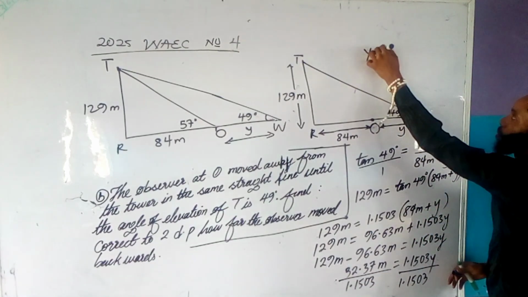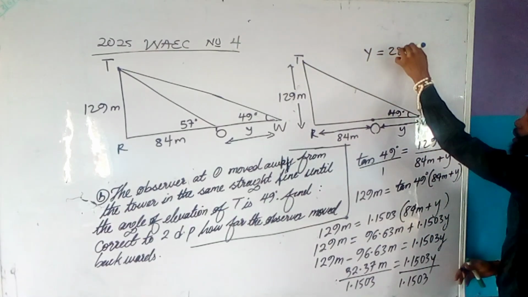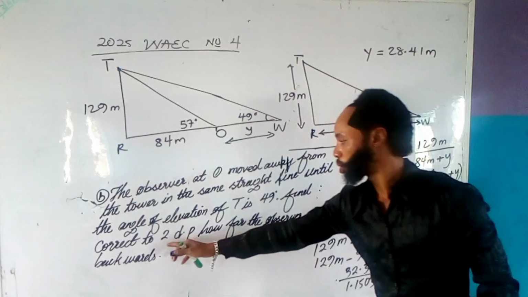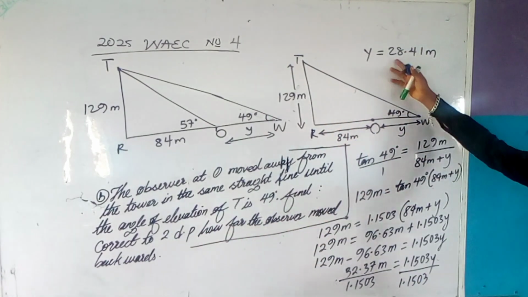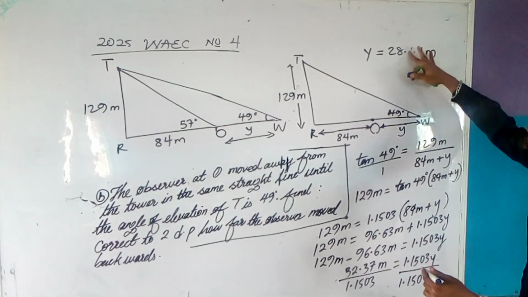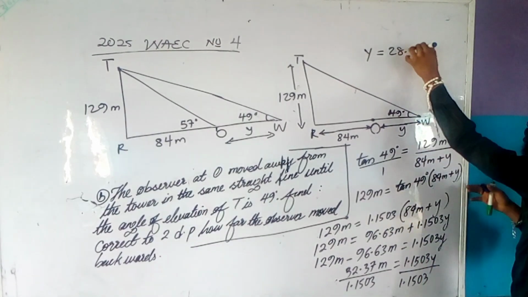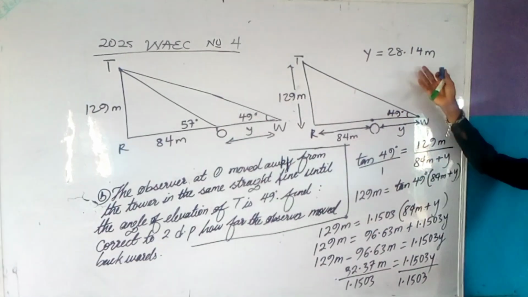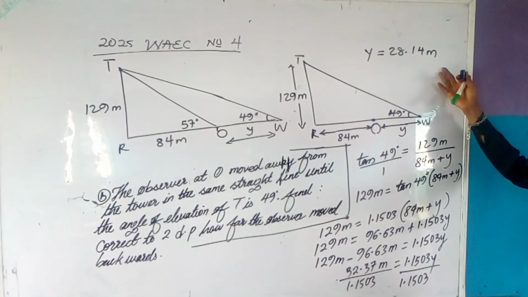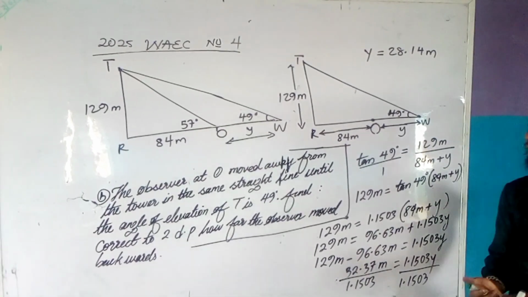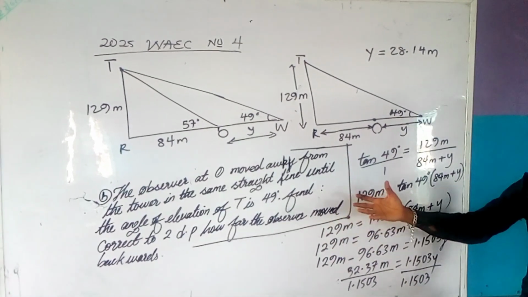Our y is 28.14 meter, correct to two decimal places. We stop here. 28.14 meter. So that is the answer to the question we just did.